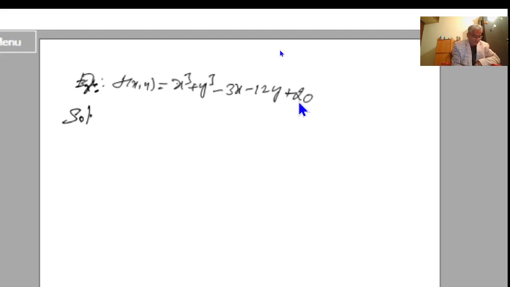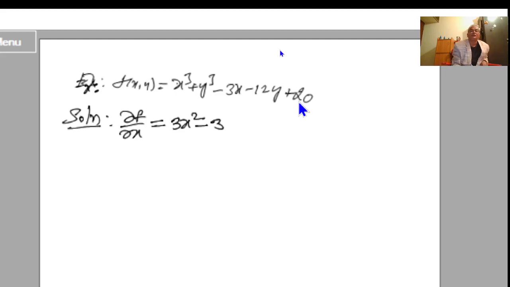So here, first I will find dou f by dou x. x cube derivative is 3x square, y cube derivative is 0, minus 3x derivative is minus 3, minus 12y derivative is 0, plus 20 derivative is 0.